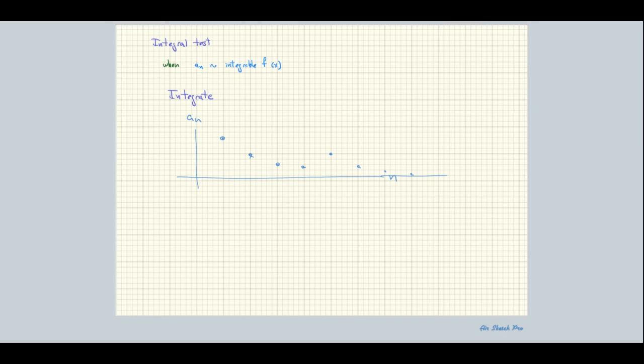Then I can do it one of two ways. This is the actual sum from 1 to infinity, and it has to go through there, right?